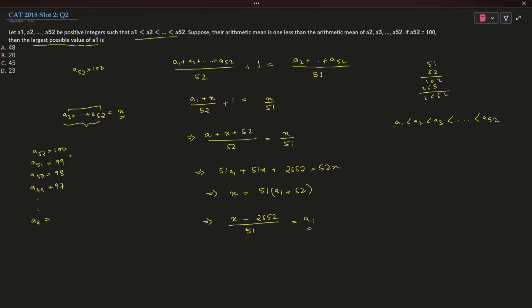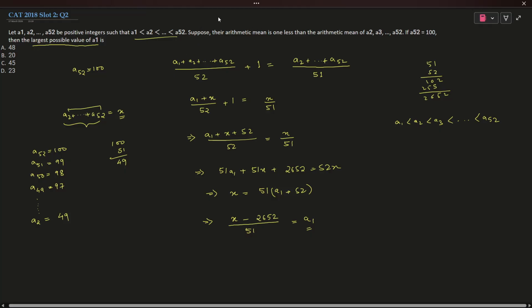So 100 minus 51 will give you 49. If I add 51 with this, so this will be 50, my bad. This will be 50. I can use the AP formula.